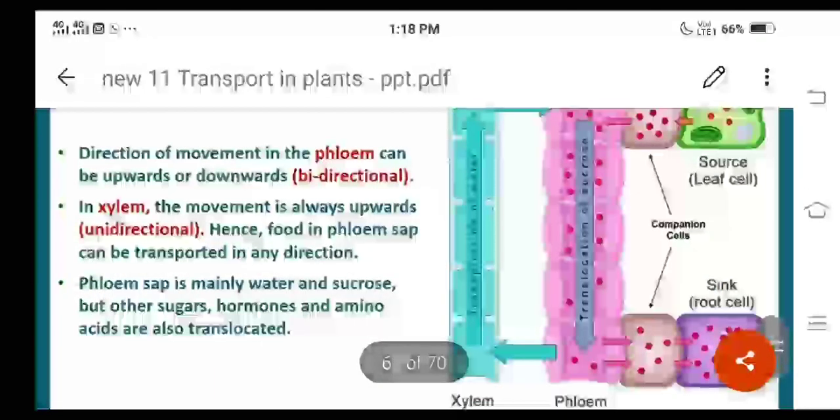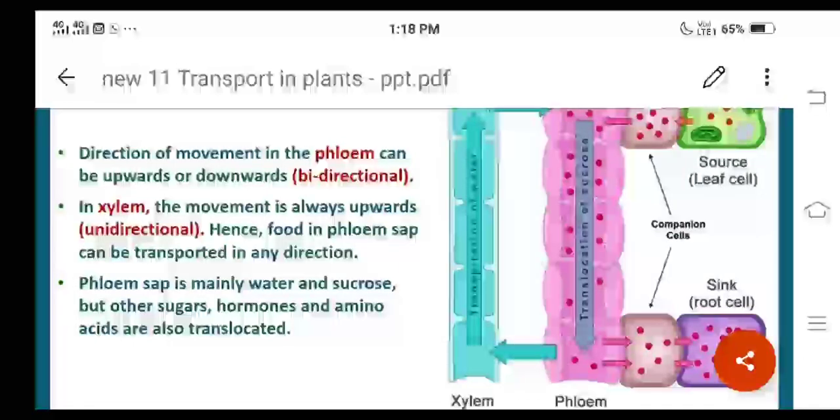Then let us understand the direction of the food in the phloem, right? Direction of movement in the phloem can be upwards and downwards. It can occur in both directions, either upwards or downwards. So we mention it as bidirectional movement.